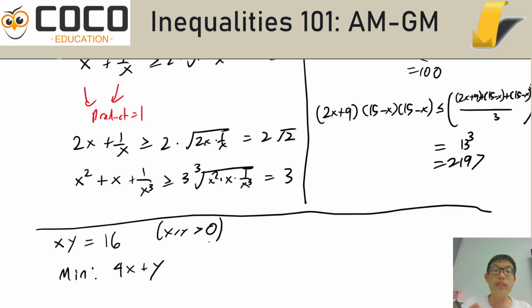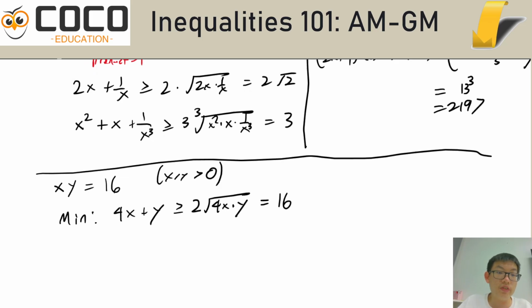This is still two things that have a fixed product. So their arithmetic mean will be greater than the geometric mean. This is the sum, so it is greater than or equal to 2 times the geometric mean, which is a fixed value. So I still know that this is going to work.